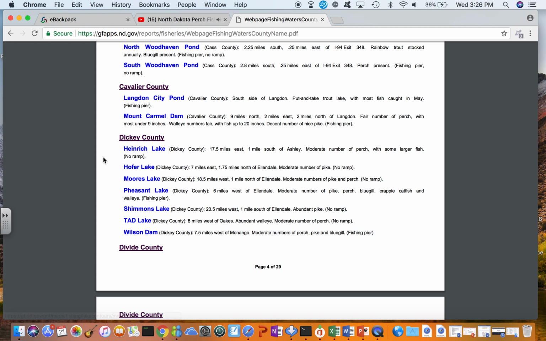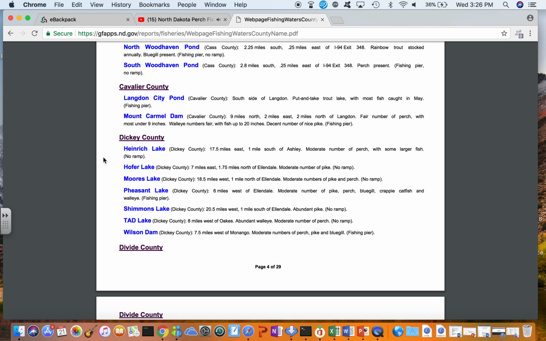We really only have two lakes located around Oaks. One is Tad Lake, which is just west on the paved county road straight out of town. The Heinrich, Hofer, Moores, Pheasant, Shimmons, and Wilson are all located over west of us. Ellendale area, Pheasant Lake is straight west of Ellendale.